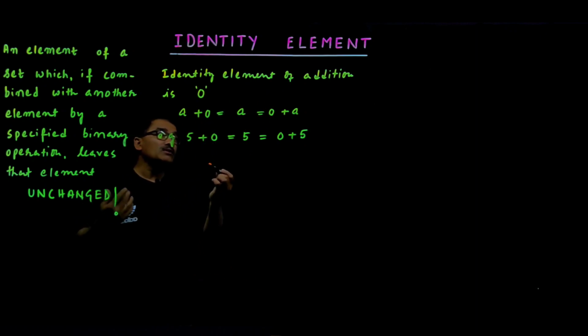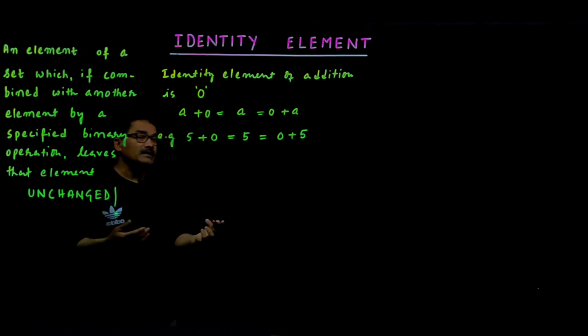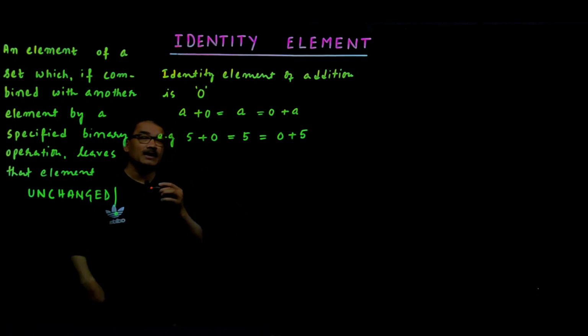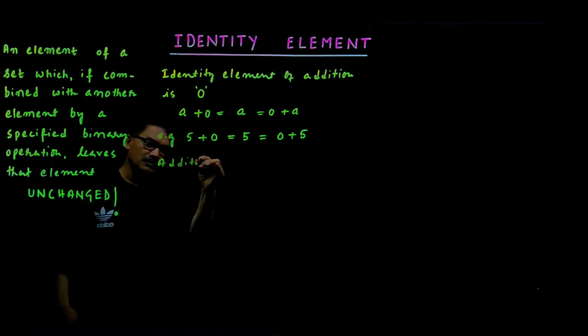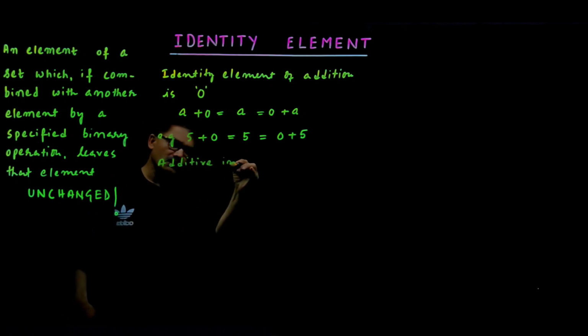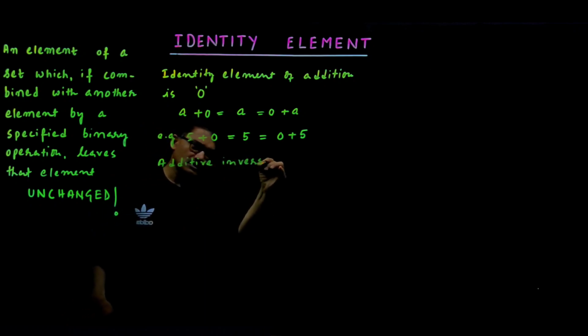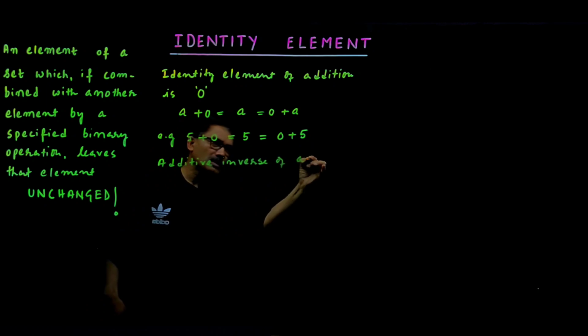So we say that 0 is the identity element of addition. And once you know the identity element of addition, then you can also find the additive inverse of a number.